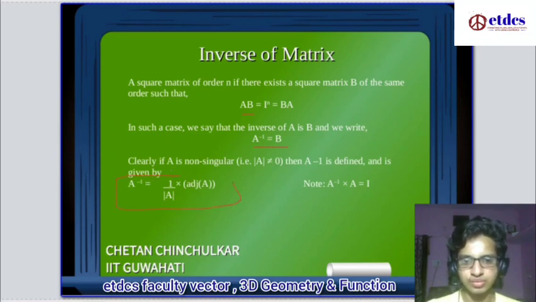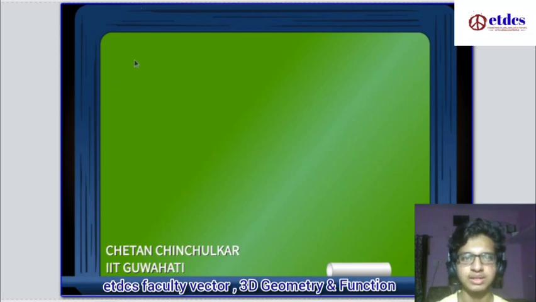Now it turns out that A inverse can be found with this formula: 1 upon determinant of A into adjoint of A. What is an adjoint matrix? Basically, the adjoint matrix is the transpose of the matrix of cofactors.